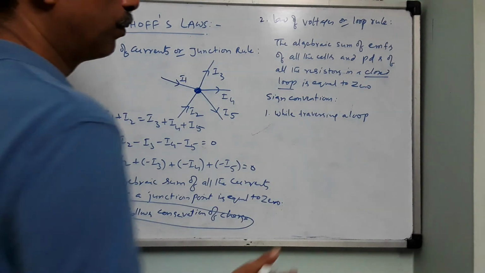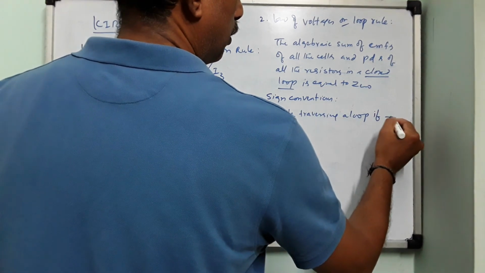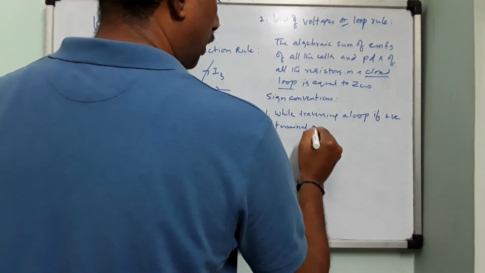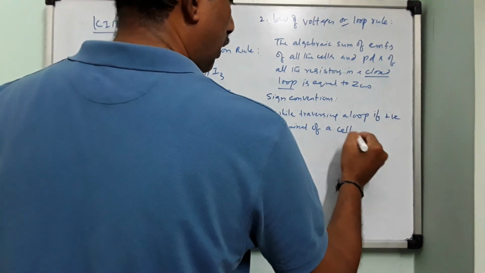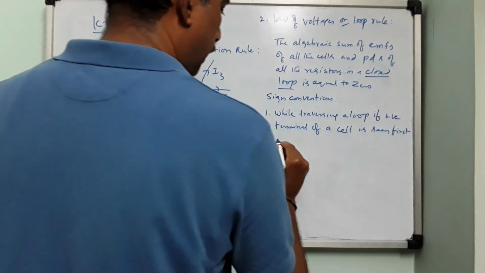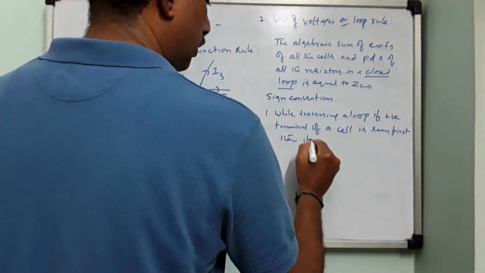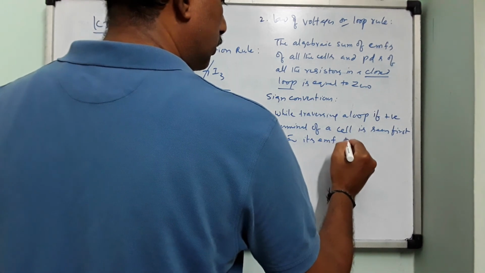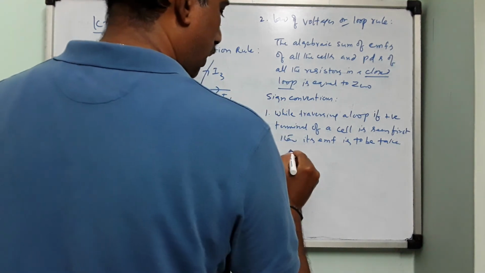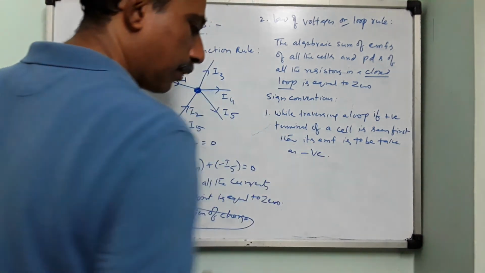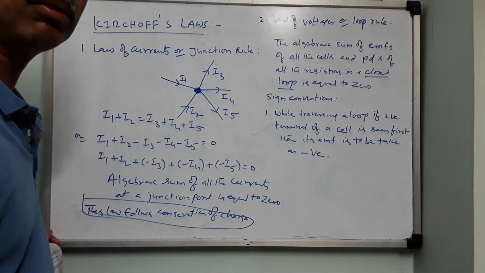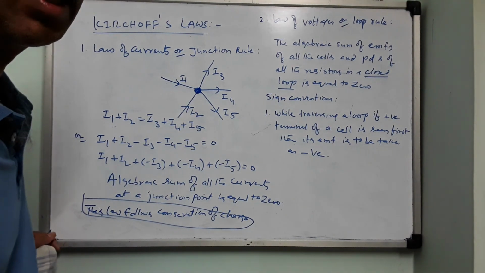While traversing a loop, if the positive terminal of a cell is seen first, then its EMF is to be taken as negative. So while traversing the loop, you will come across a cell, right? If you see the positive terminal of the cell first, take its EMF as minus.